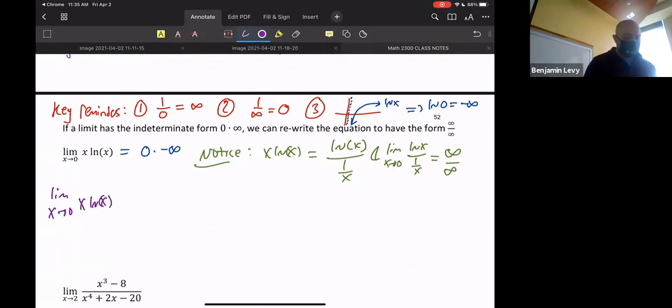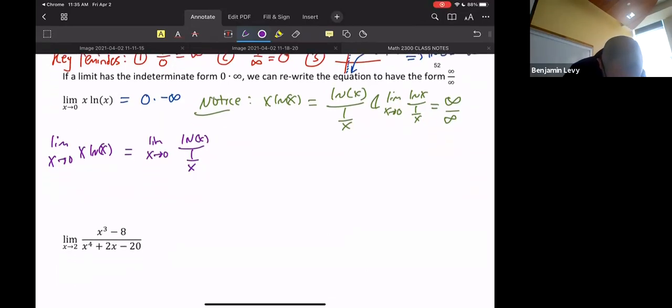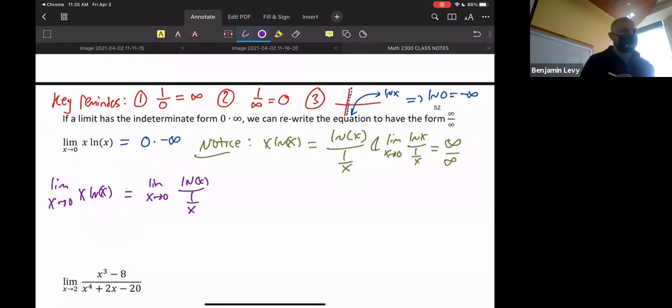It's an indeterminate form, but we're going to rewrite it so that it means the exact same thing algebraically. It just allows us to use L'Hopital's rule. Right, this is now in the correct form, right?